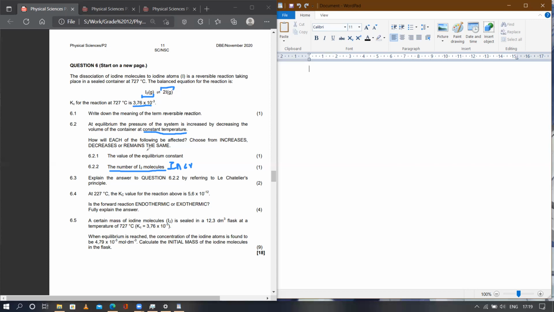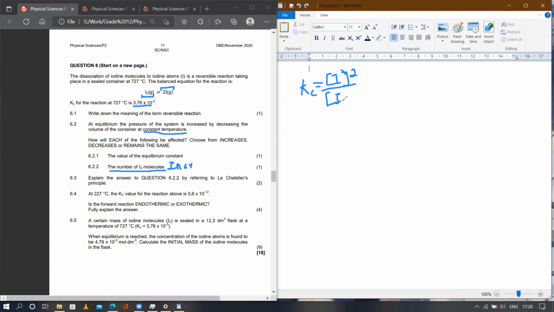Now, this one is going to be a bit more interesting because if you look at it, you know the equation for Kc, the equilibrium constant, is the concentration of the product, in this case iodine, squared, divided by the concentration of the reactants.